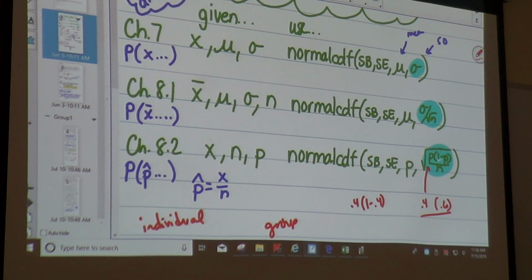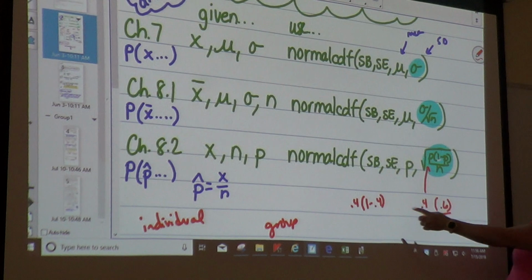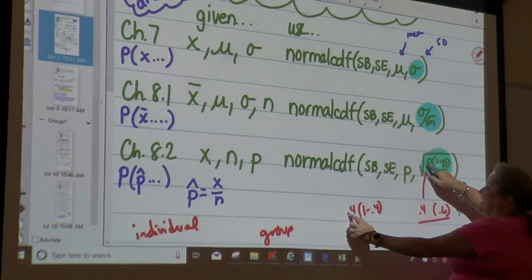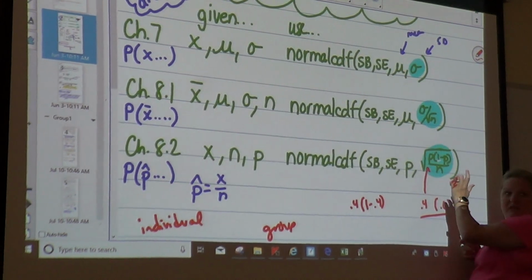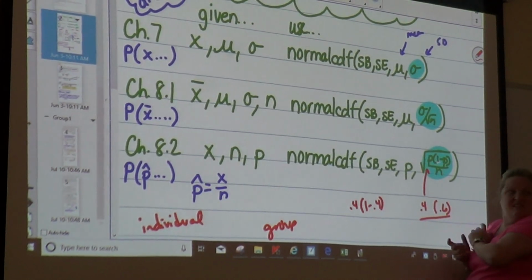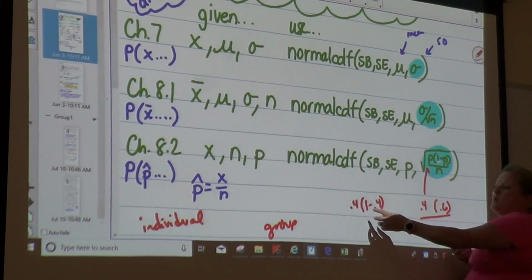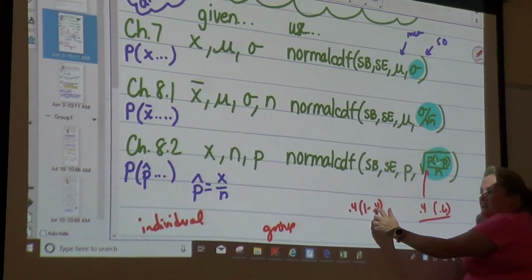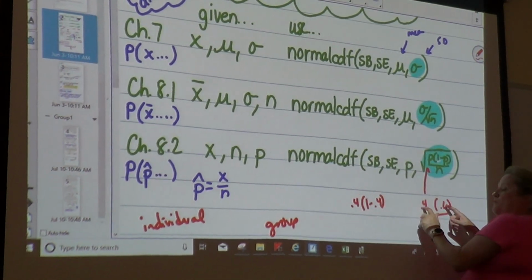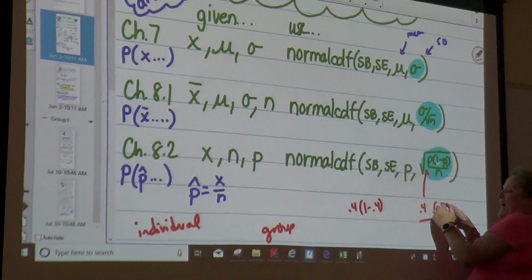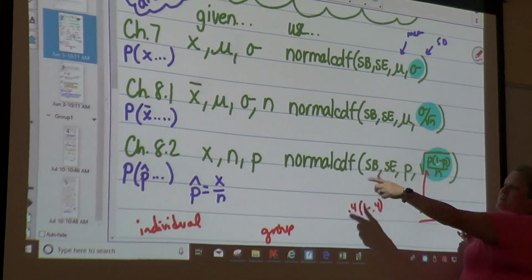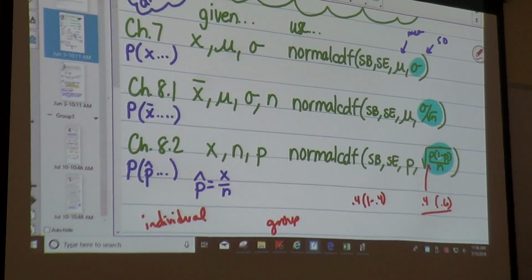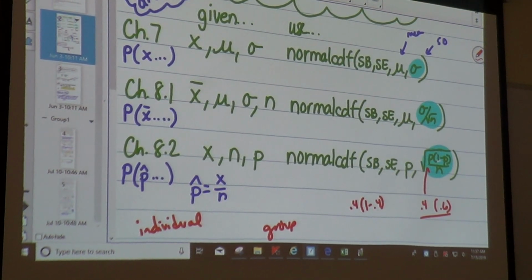It's the same thing. But 0.4 would be my P, and 1 minus 0.4 is the complement, which is 0.60. Y'all with me? You know that these two are going to add up to 1. And then N is going to be your sample size. And it's going to be the square root of the whole thing.